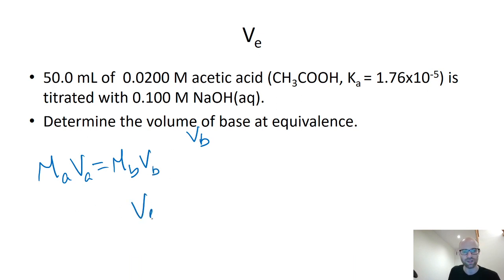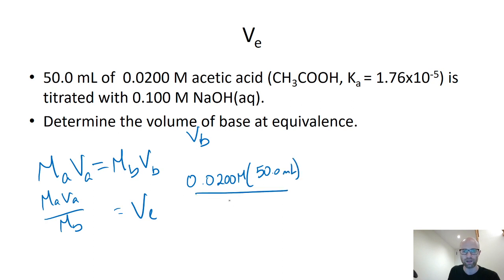In other words, VE is equal to MAVA over MB, or 0.02 molar times 50 milliliters divided by 0.1 molar, which should give us 10 milliliters.